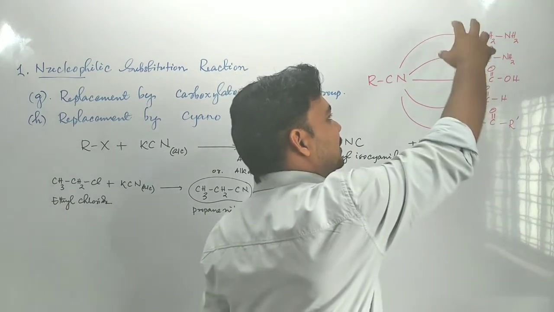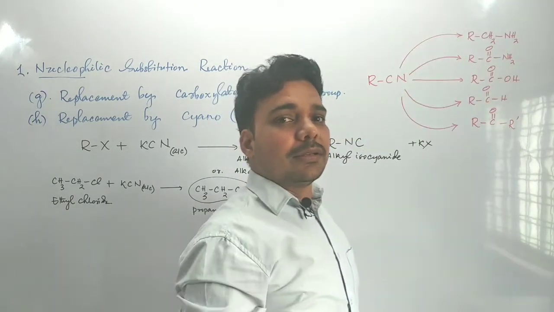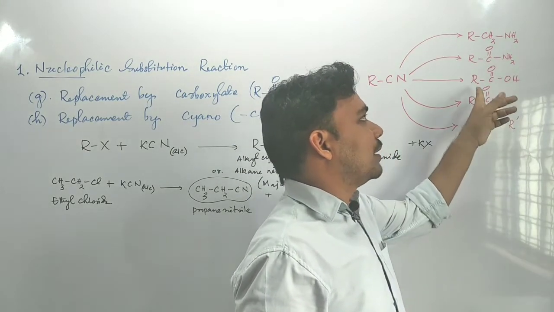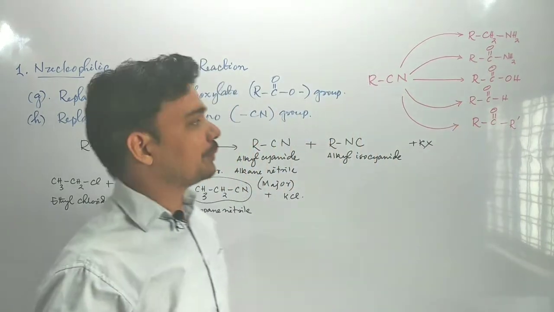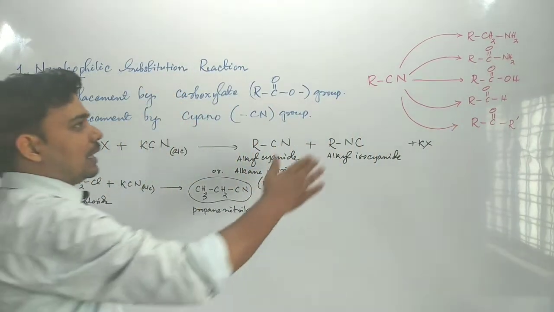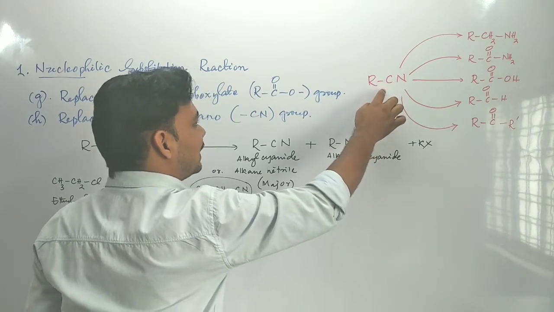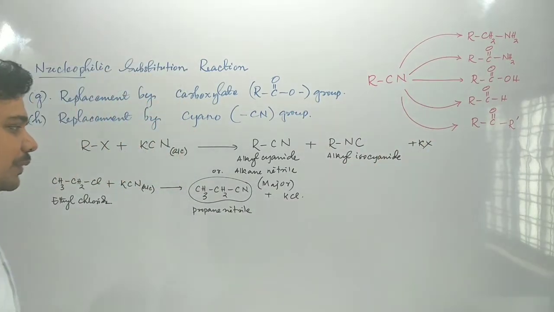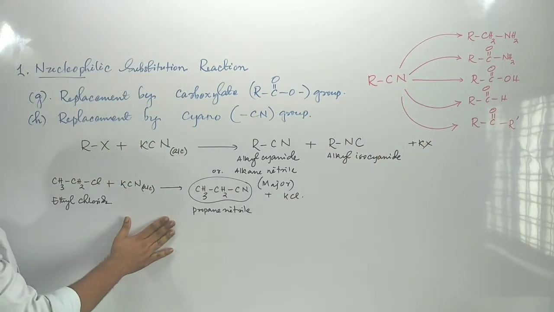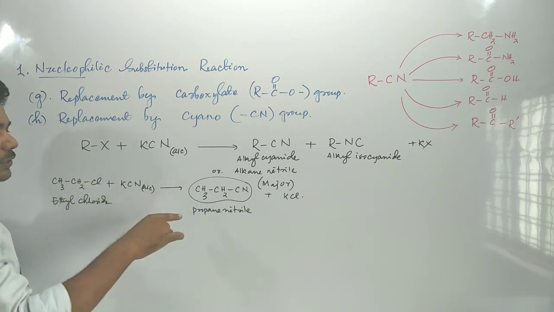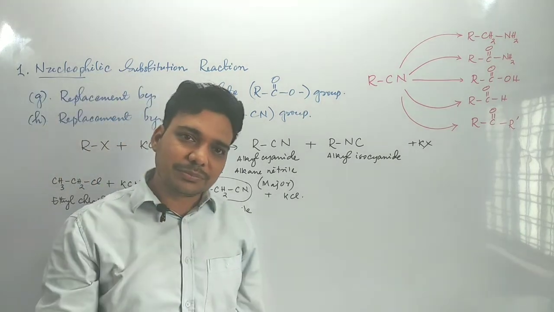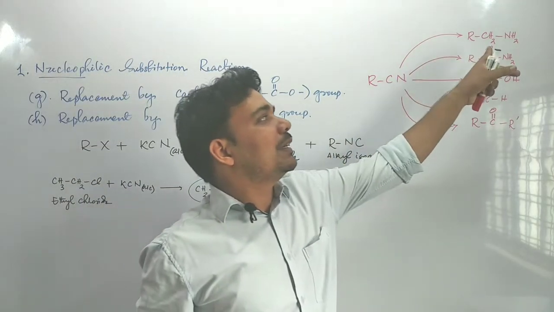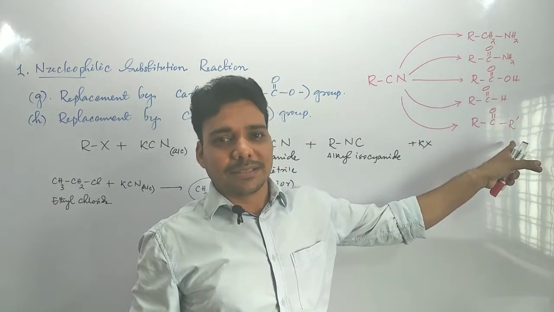Okay, all these reactions we will discuss in later classes, when we study aldehydes, ketones, carboxylic acids, amines. But you need to remember that alkyl cyanides or alkane nitriles can be converted into all those organic compounds. So this is quite important, because with the help of this reaction we can increase the number of carbon atoms, and the product formed here can again be converted into several other organic compounds.